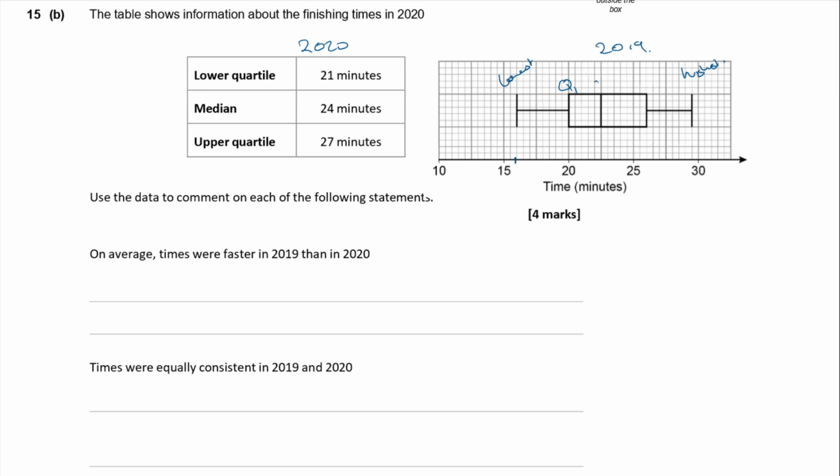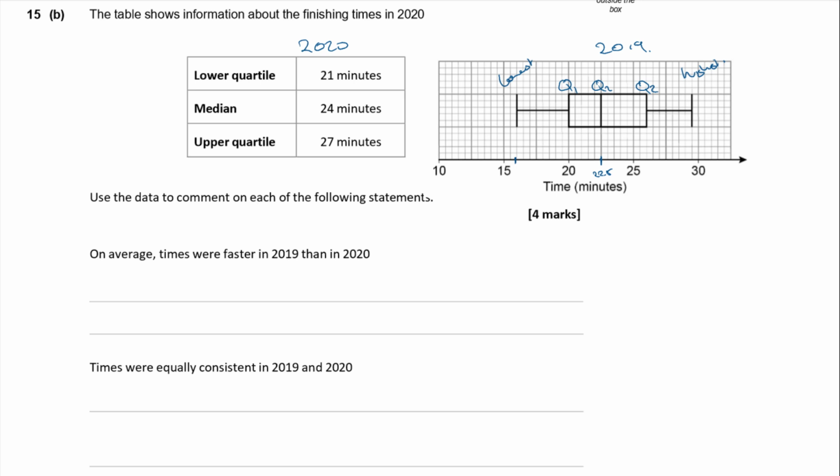So the median is Q2, that little line in the middle. In 2019, it was here, look, it was at 22.5. Okay, so the median was 22.5 in 2019. In 2020, it was 24. Okay, so I can say yes, on average, the times were faster in 2019.